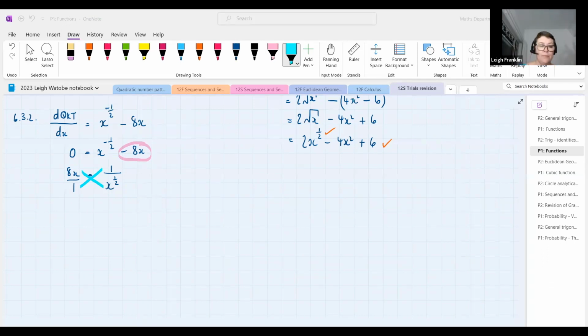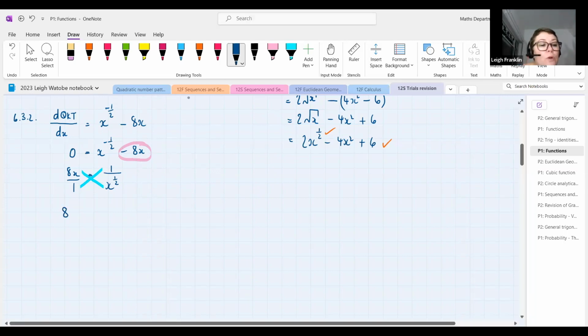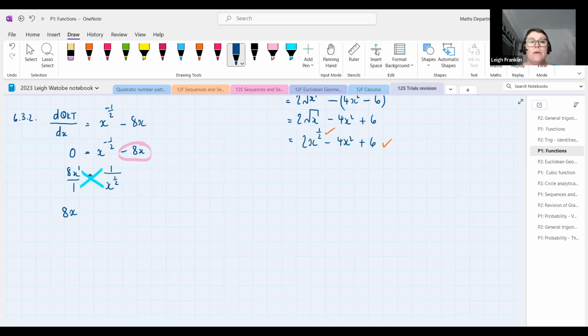Good, well done. So I'm going to cross multiply next. When I multiply like bases, what do I do with my exponents? Remember, this is x to the power of 1. When I multiply like bases, I add my exponents. So 1 plus a half gives me 1.5 or 3/2.